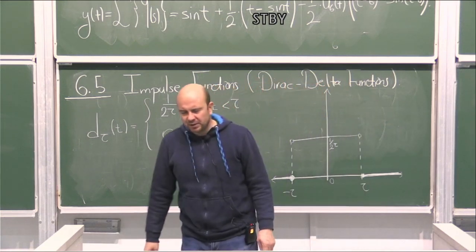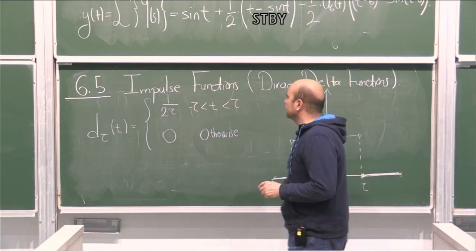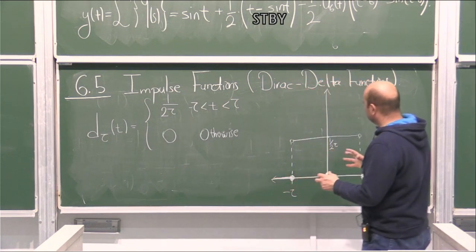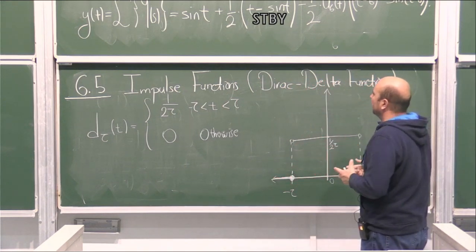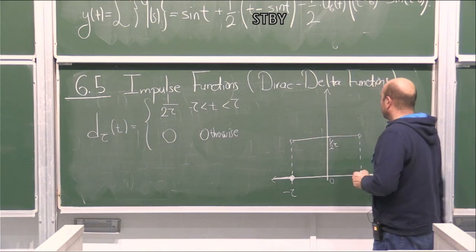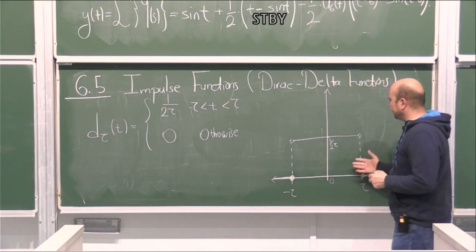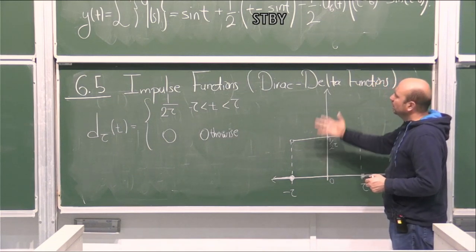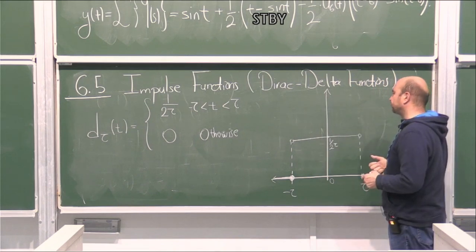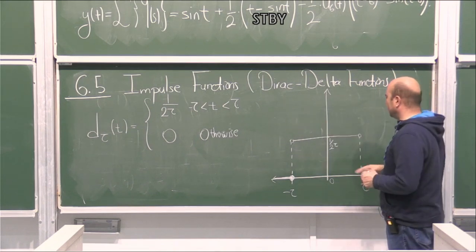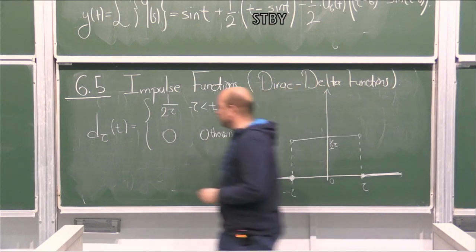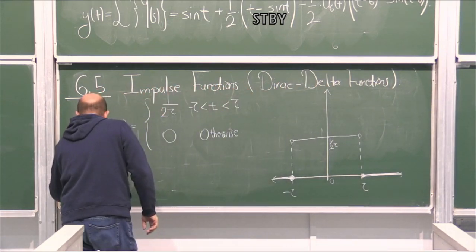Impulse is basically, as you know from maybe physics, the total force you are applying in a certain period. So if you try to compute it, it's just the integral of the force you are applying.